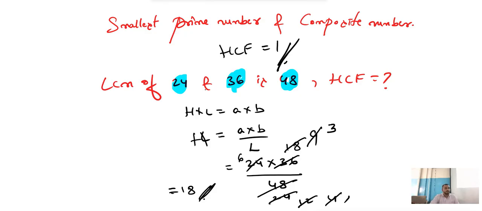Good. Understood? Simple calculation. So the HCF is 18. Did you get confused with this? Yes. See here, 24 into 36 divided by 48.